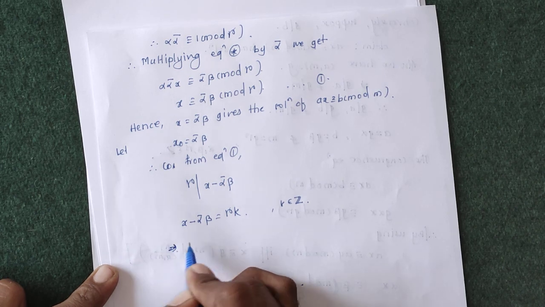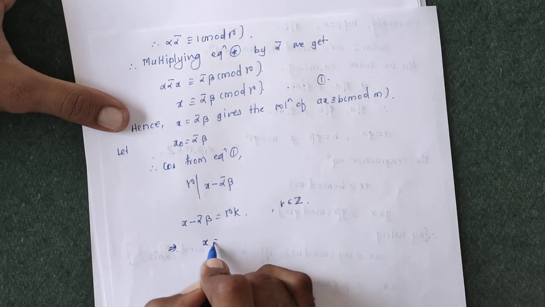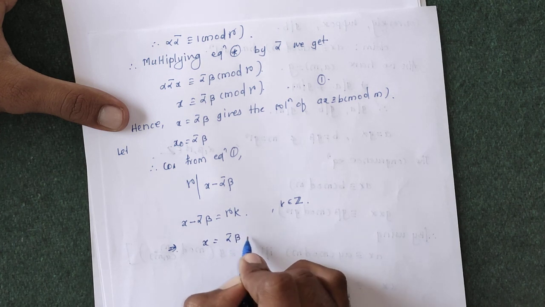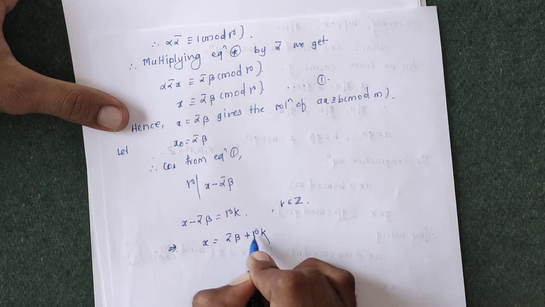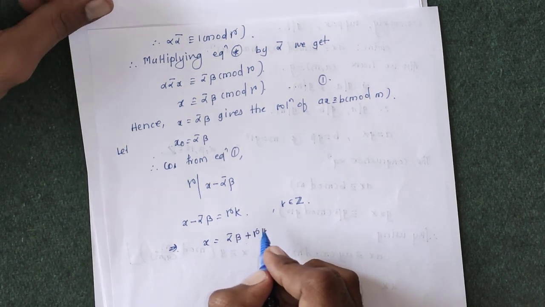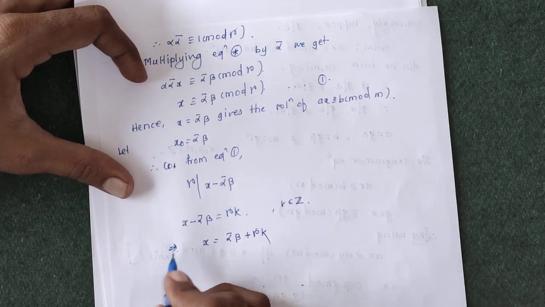Rearranging this, we get x equals alpha bar beta plus gamma k.